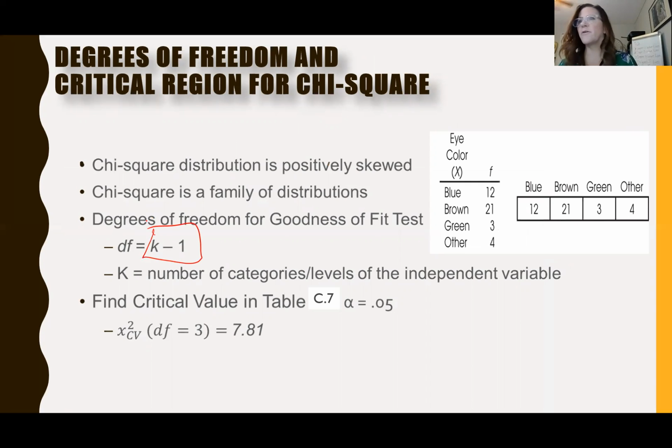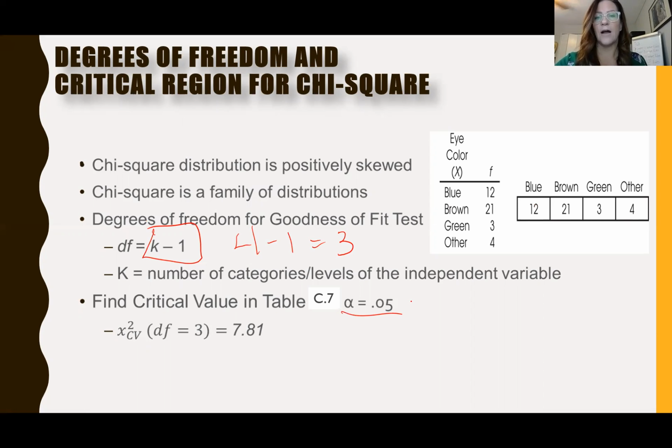And you should be familiar with K just based off of ANOVA. K is just the number of groups the independent variable has, or the number of categories the quasi-independent variable has. In this case, we have 4 categories, blue, brown, green, and other, minus 1, which equals 3. So our degrees of freedom is 3.